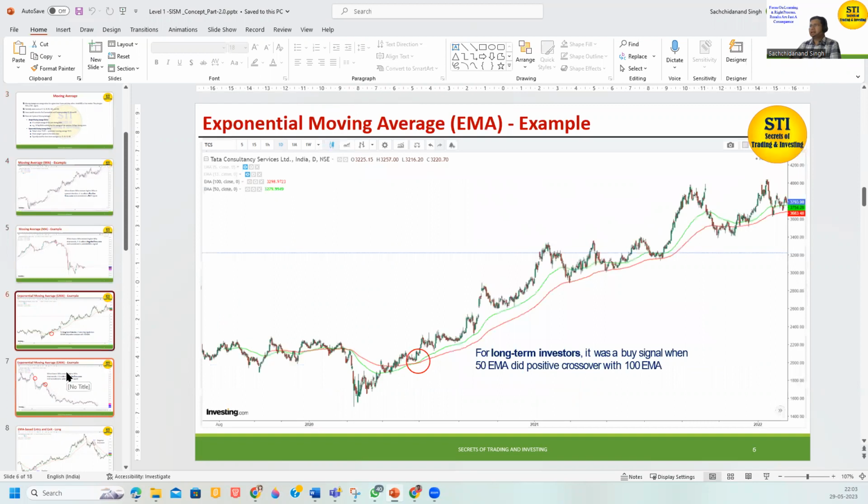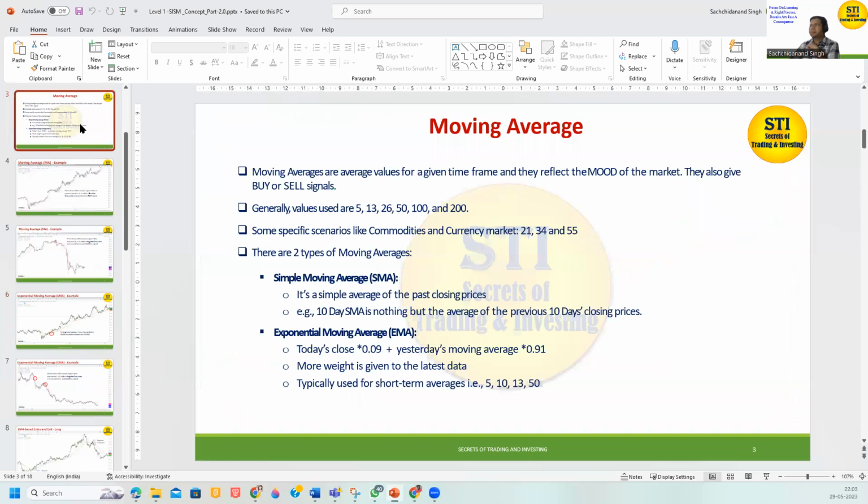I got an impression that simple moving average is more for, say, Fibonacci numbers like 5, 13, 20, 21, whereas EMA is typically for short-term averages like 5, 10, 13. But the example you gave, 50 crossed 100, was rather used for longer term. Yes.